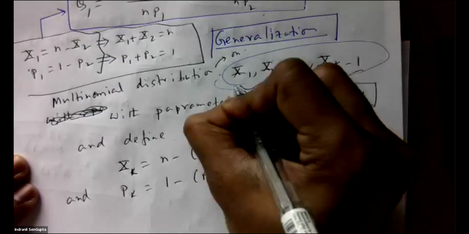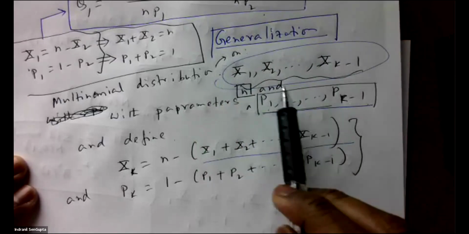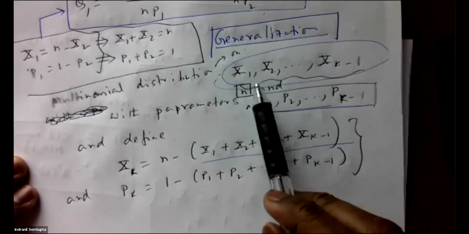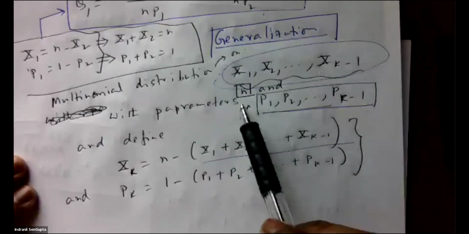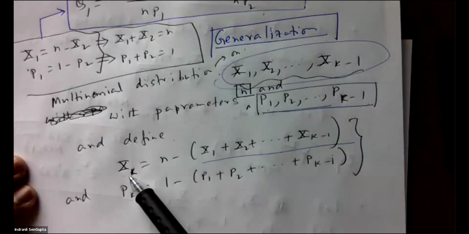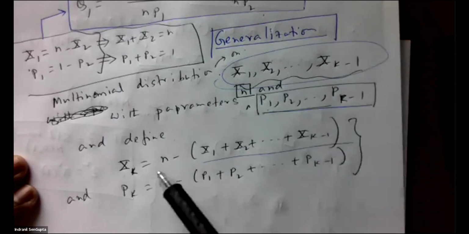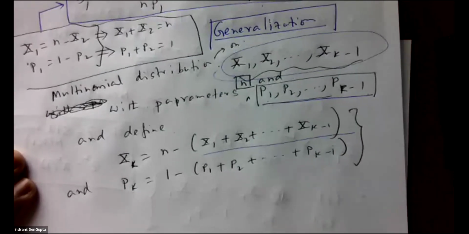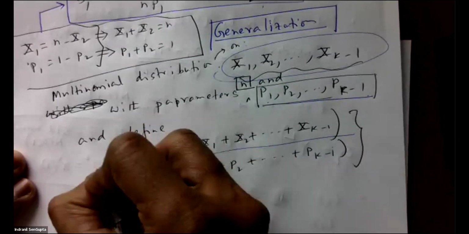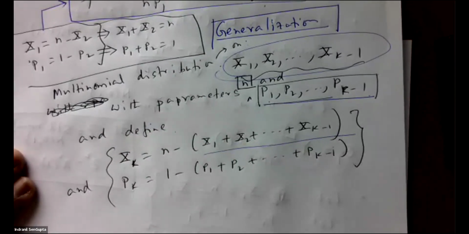N is the total number of trials, and p1, p2, up to pk minus 1 are the probabilities of getting X1, X2, up to Xk minus 1. Note that I'm defining Xk in such a way that when I add X1 through Xk, I'm always getting this number n. So it's sort of an artificial random variable.